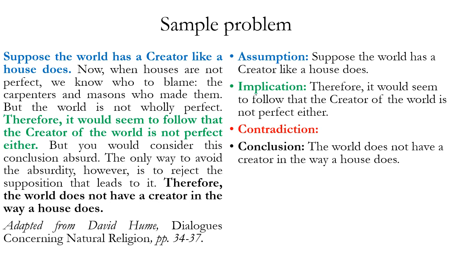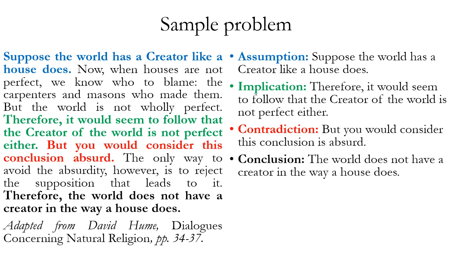So the last thing to identify is the contradiction. What is this implication supposed to be contradicting? So we can identify the sentence where the contradiction is flagged. You would consider this conclusion absurd. In this case, the argument doesn't explain in detail what the contradiction is, but it's easy to fill in the gaps.